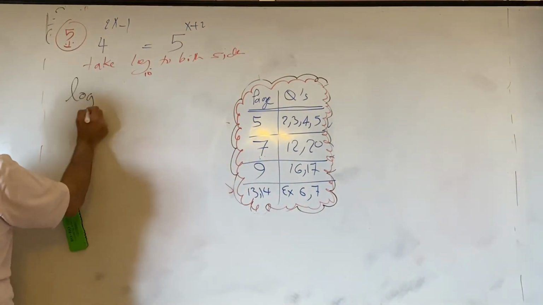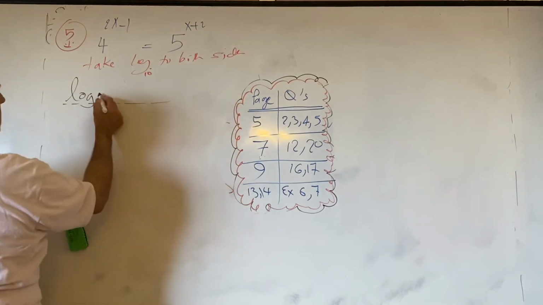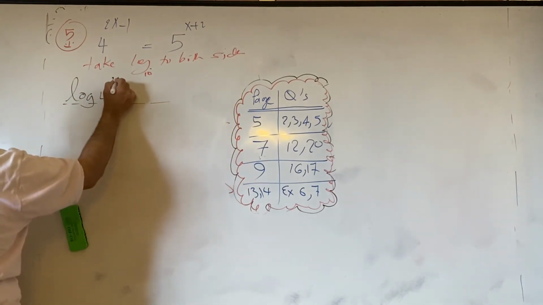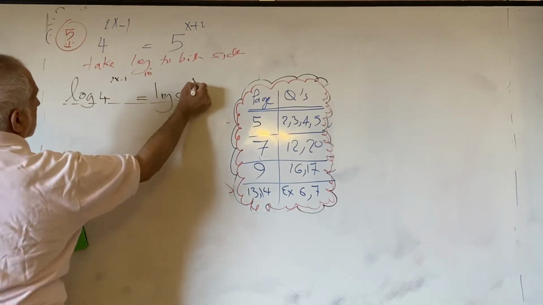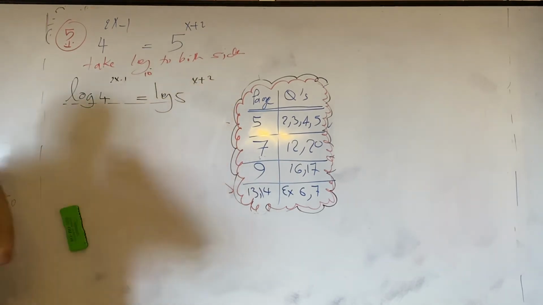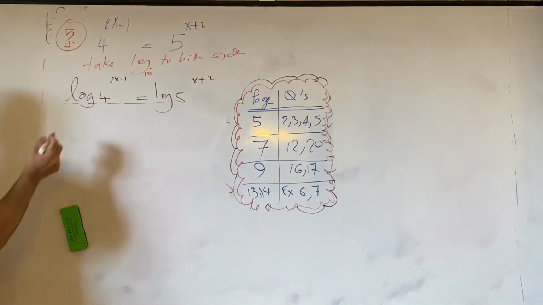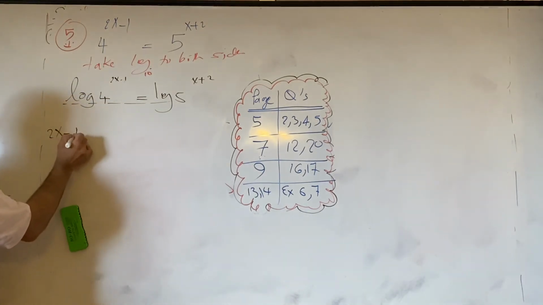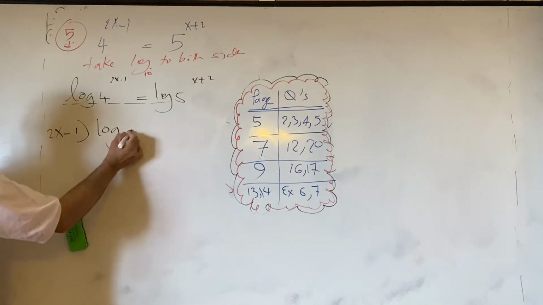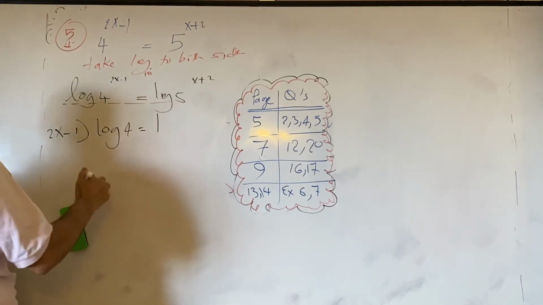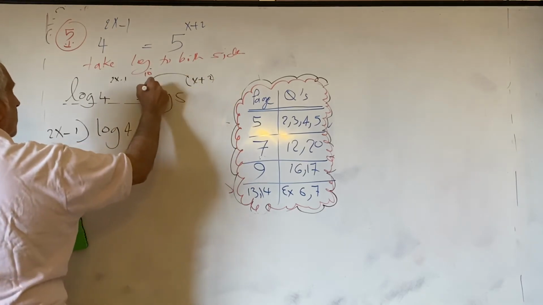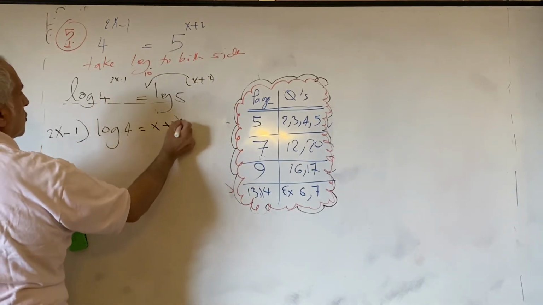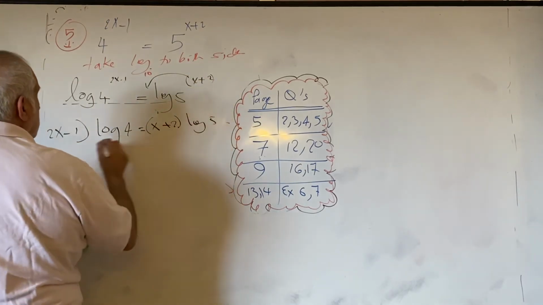Log 4 to the power 2x minus 1 equals log 5 to the power x plus 2. The power should go down. (2x minus 1), you have to put a bracket, equals, don't forget that this will have to go down like the one before, (x plus 2) log 5.